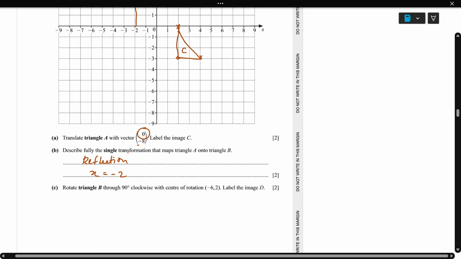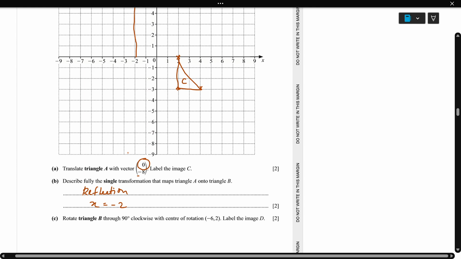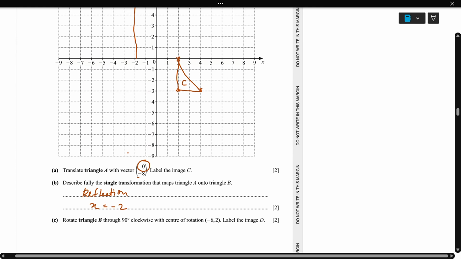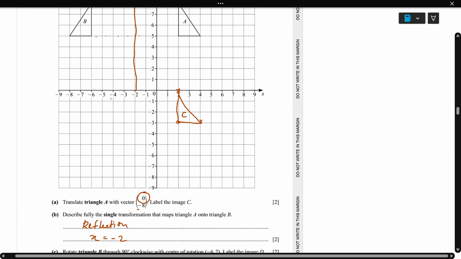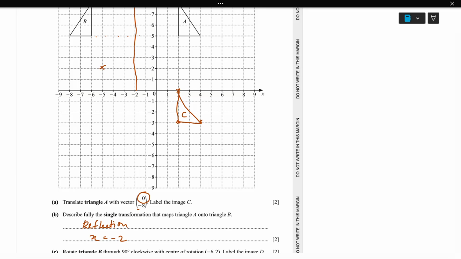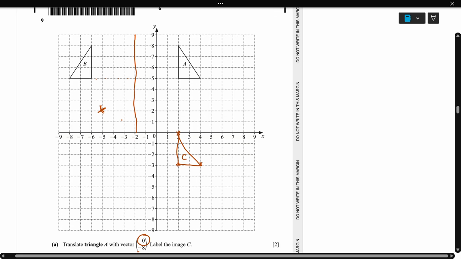Okay, then next, rotate triangle B 90 degrees clockwise with center -6, 2. -6 and 2 is the center. Use transparent paper so that you can do this.